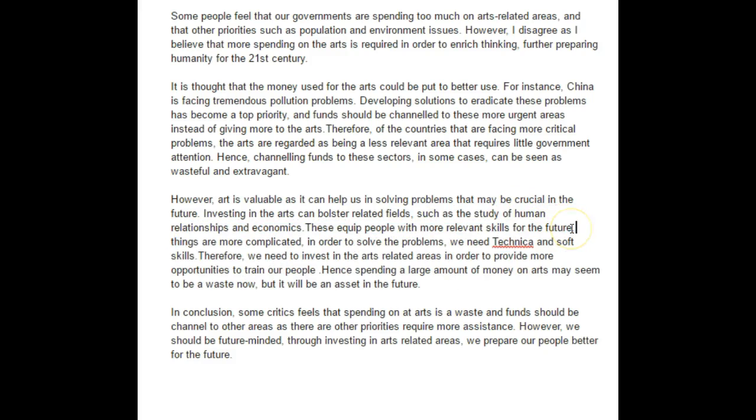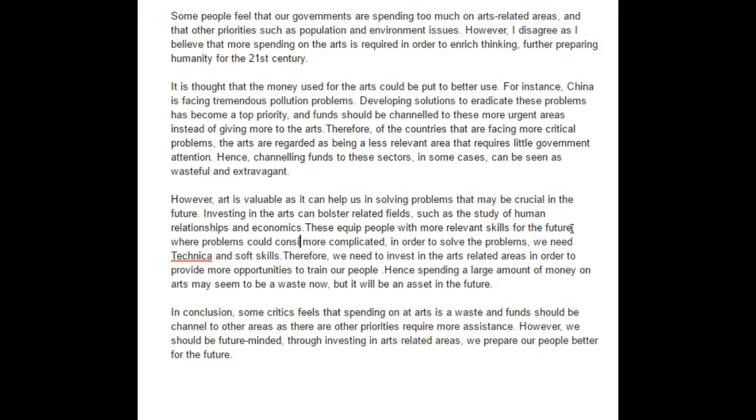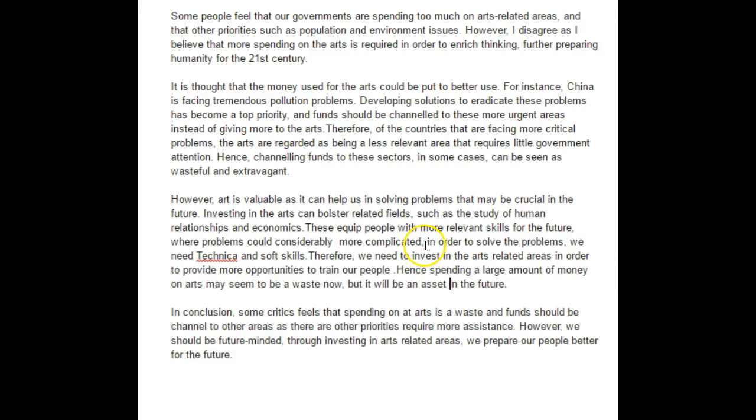And then we could condense this again, where problems could be considerably more complicated. I would say here, to solve these problems may require a combination of technical and soft skills.